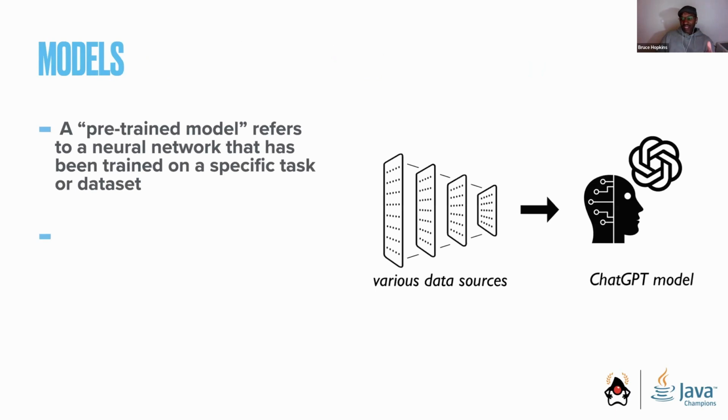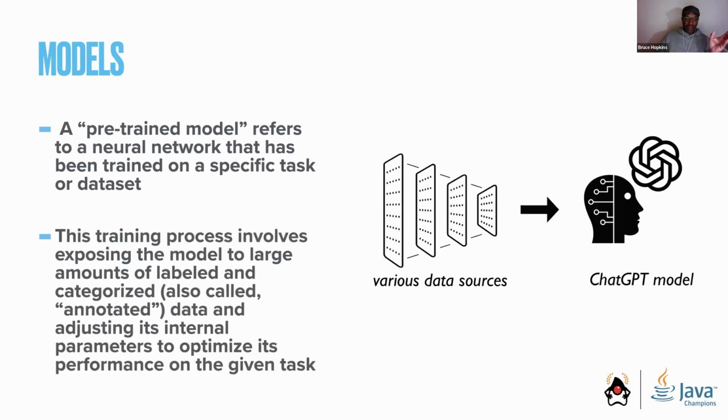Just to break things down very simply, a model is a pre-trained neural network that has been trained on a specific task or a data set, okay? The training process involves exposing that model to annotated data, and that simply means it has been labeled and categorized for a specific task.